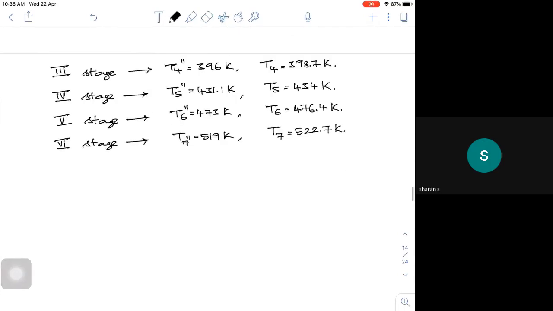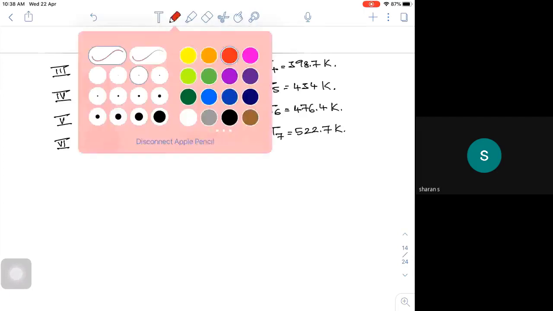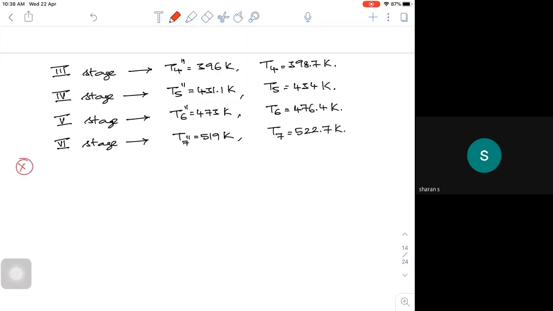For all these things, what are the formulas I used? I have used T high double dash by T low equals PH by PL, where H is the higher pressure and L is the lower value, to the power of gamma minus 1 by gamma, and the isentropic efficiency is equal to TH double dash minus T low divided by TH minus T low.